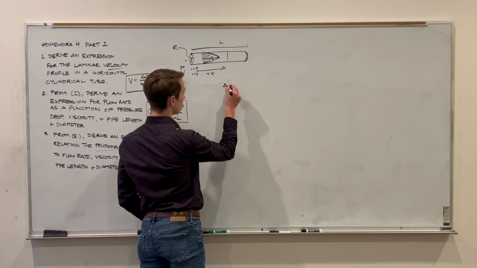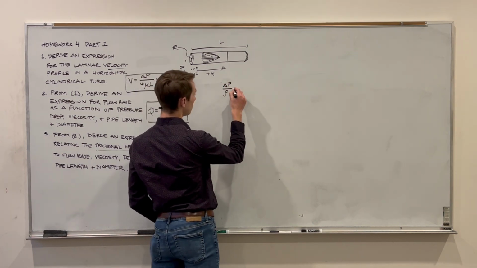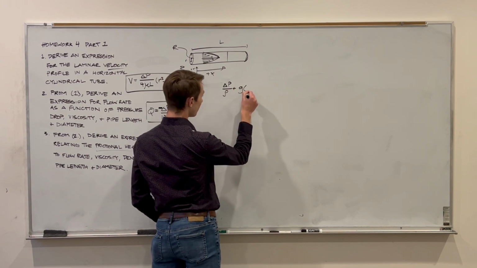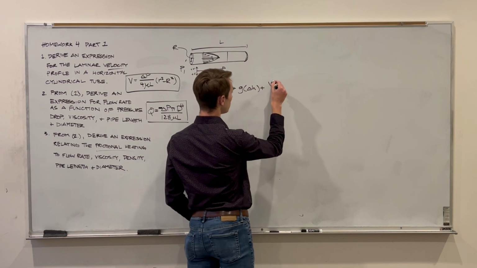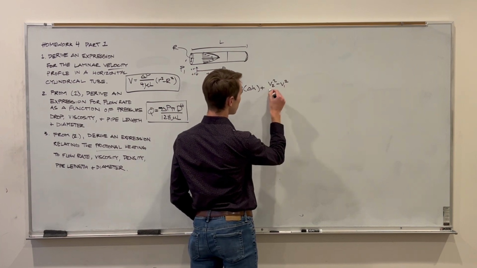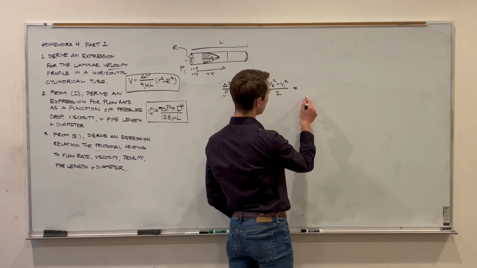Remember Bernoulli's equation as change in pressure over density plus gravity times any change in height plus the change in velocity squared over 2 is equal to the following.